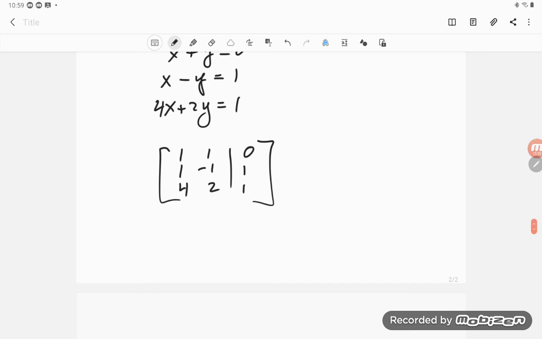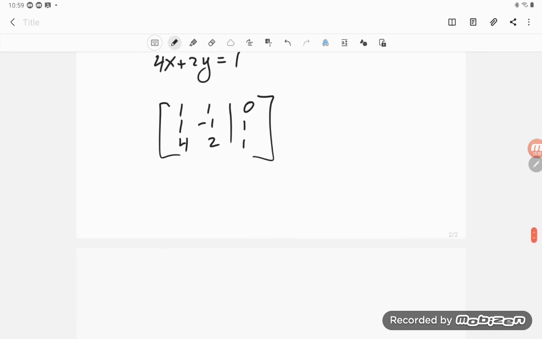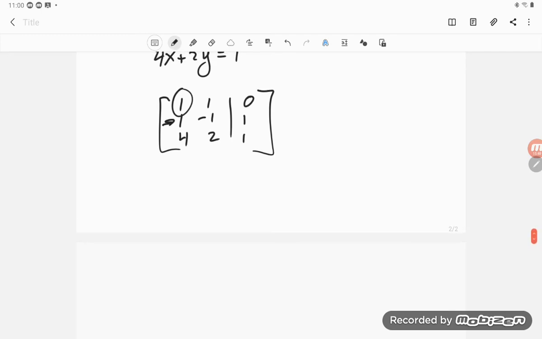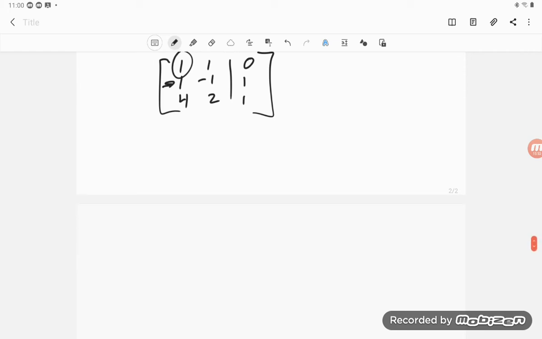There's our augmented system. And now I've got a nice 1 right there, so what I want to do is get rid of this 1. Now I could get rid of the 1 and the 4 at the same time with different row operations, but here I'm going to do them separately. And so the first thing I'm going to do is in row 2, replace that with row 2 minus row 1.